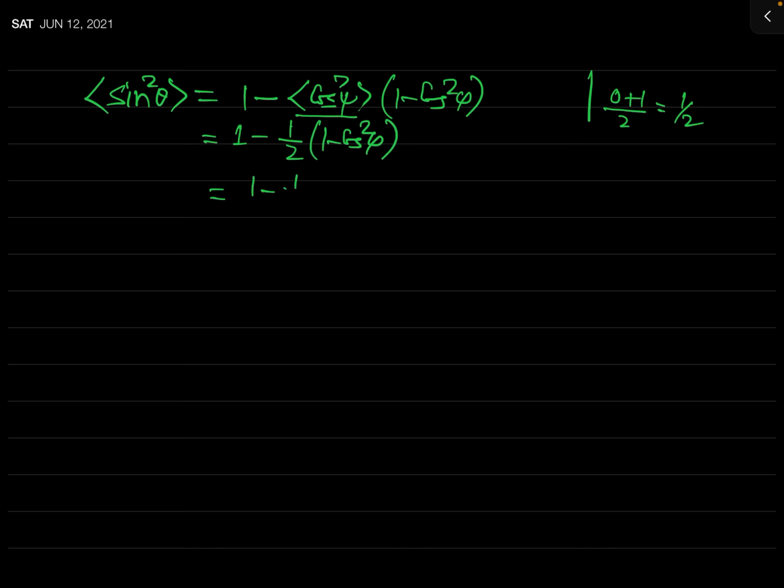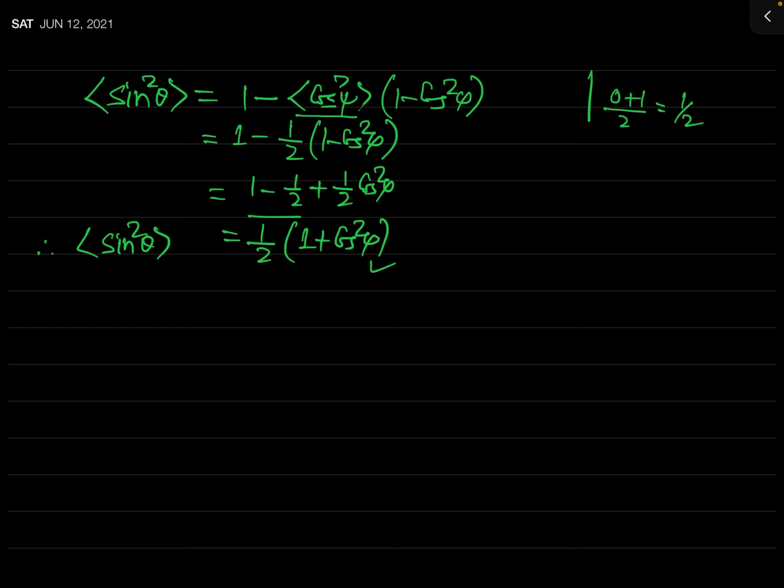This will be 1 minus 1 over 2 plus 1 over 2 cos square phi, and 1 minus 1 by 2 is 1 by 2, so take this 1 by 2 common, and this will be 1 plus cos square phi. So we have obtained the average value of sine square theta for all possible values of psi, which determines the orientation of our electric field vector in case of the unpolarized wave.